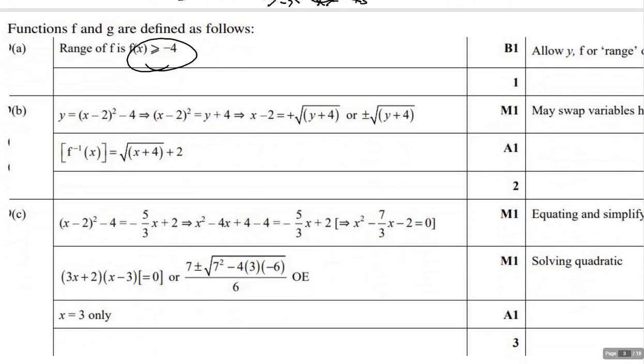And then here you'll notice in part B, they took the inverse, they switched the x's and y's, they got it by itself. Now, in this case, do you notice the method point is switching these and getting the y by itself? They would have accepted plus or minus for the method point. And then here, this is what they're looking for as the right answer.